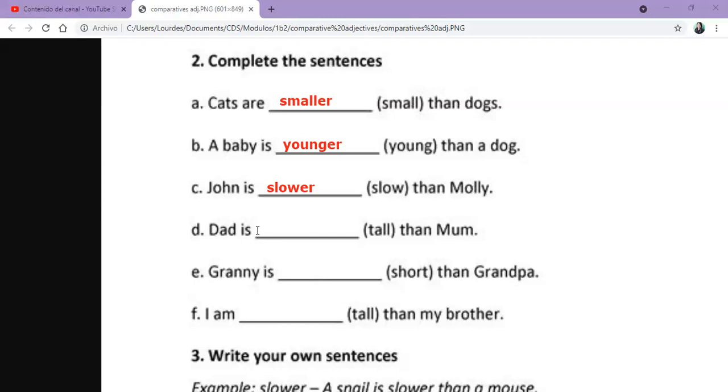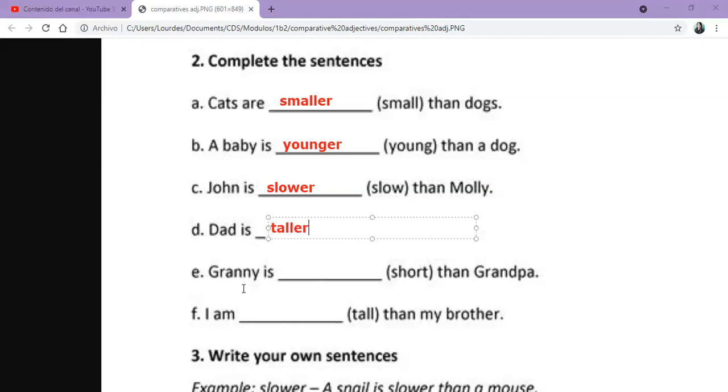Letter D. That is taller than mom. Yes, taller.